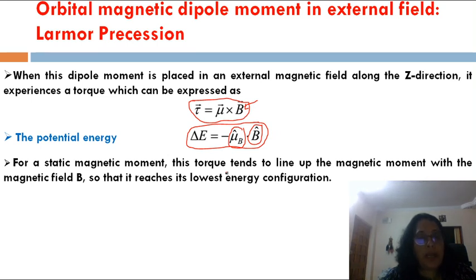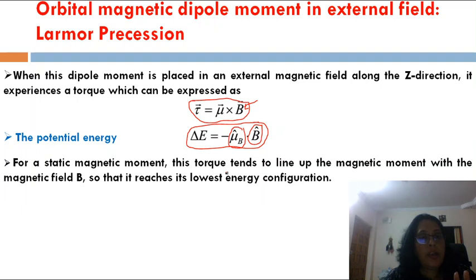When B is applied, whatever the change in dipole moment along the field direction will lead to a change in energy. So now the torque will play a role, which is generated due to the applied magnetic field.